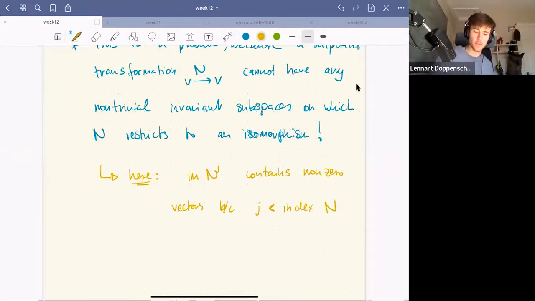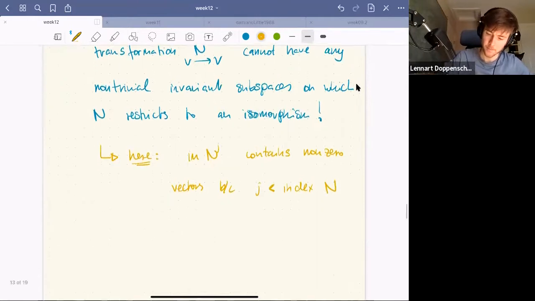If n to the j was the zero subspace, then the index of n would have to be j or less than j. But here it's strictly greater than j.